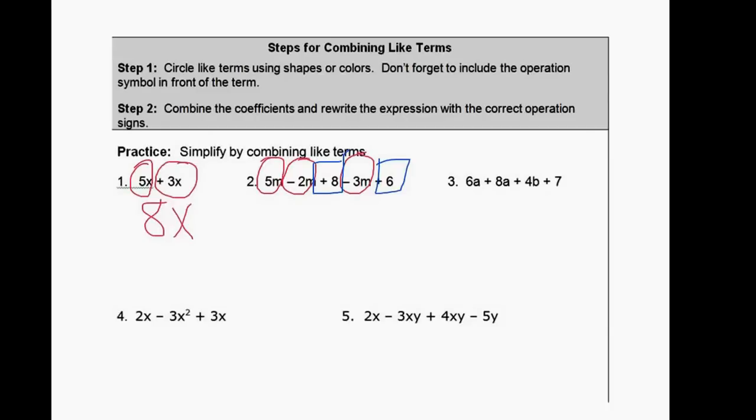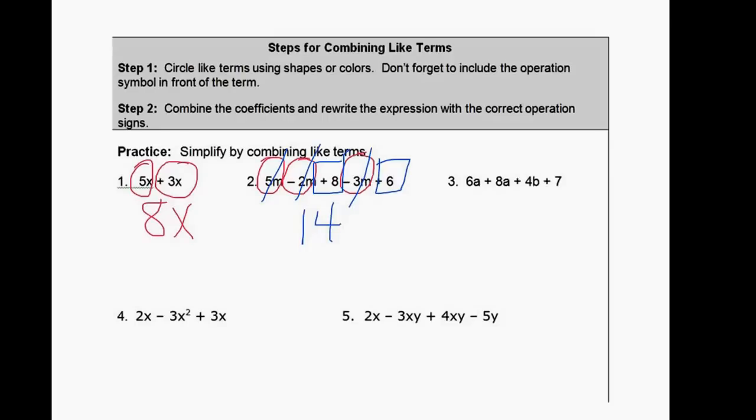I've got +5 -2 -3. So 5 minus 2 is 3m, minus 3m. My m's actually cancel out. So we'll just go ahead and show those being canceled out. And that leaves me with plus 8 plus 6. So my answer here is just plain old 14.